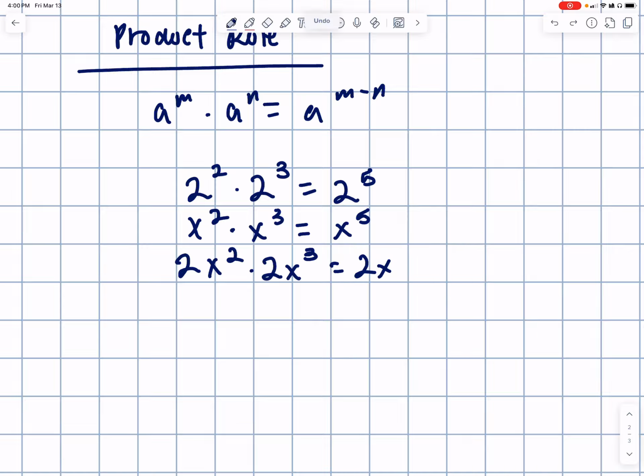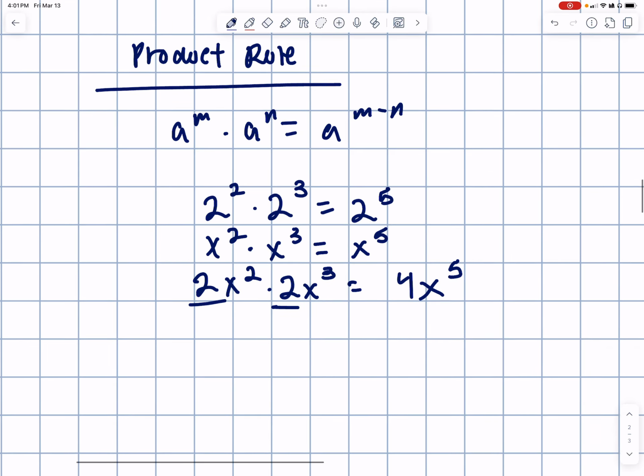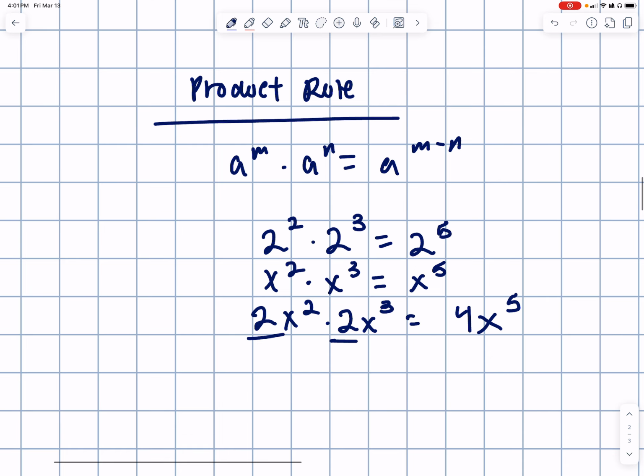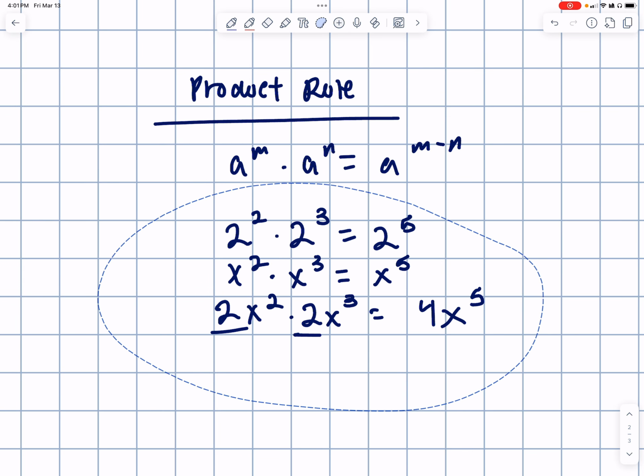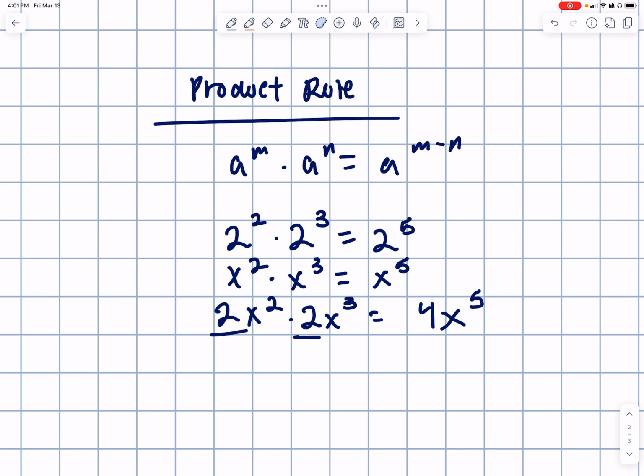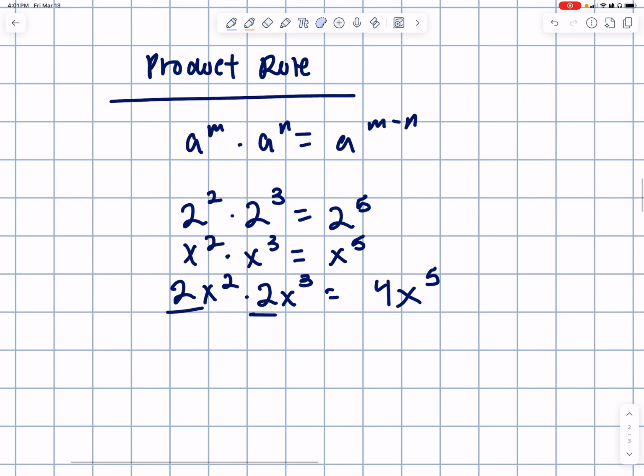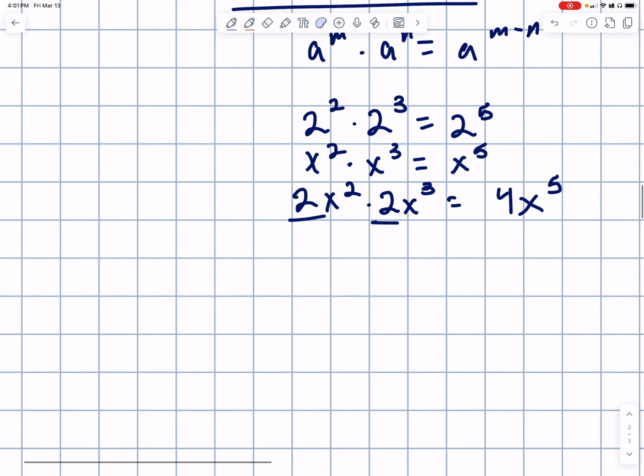Now that there's a coefficient, you multiply the two coefficients, which are 4, and since they're both x, we carry the x, and we add the exponent, which is 5, okay? I want you to write this down. Please write this down, okay? That's the product rule. Quickly review.